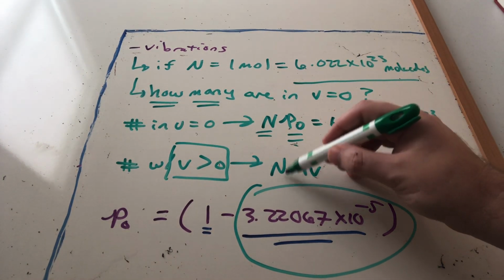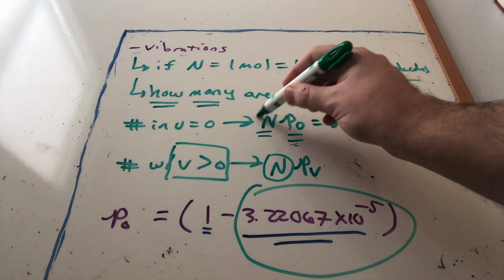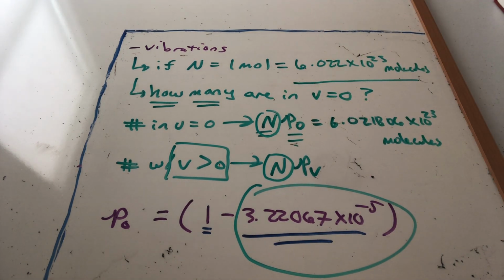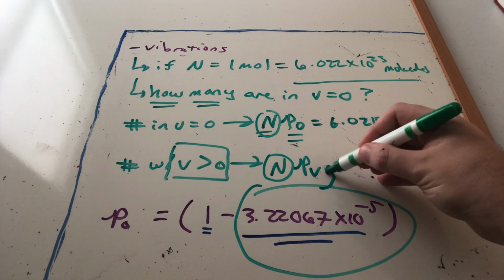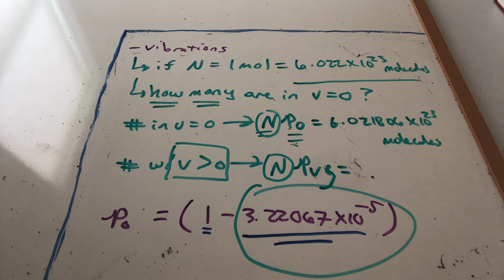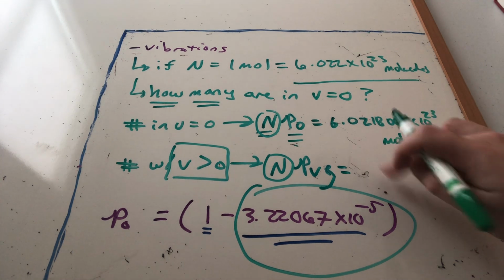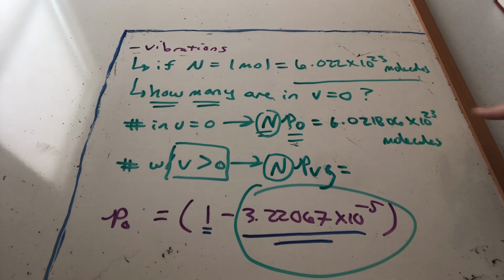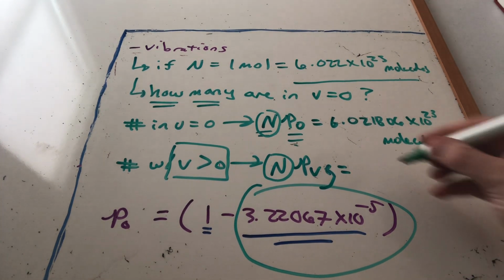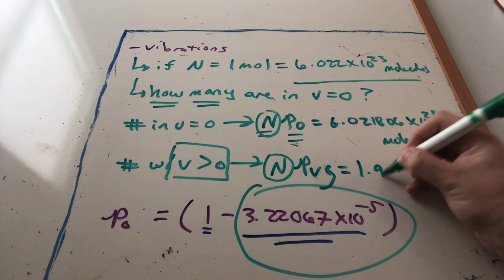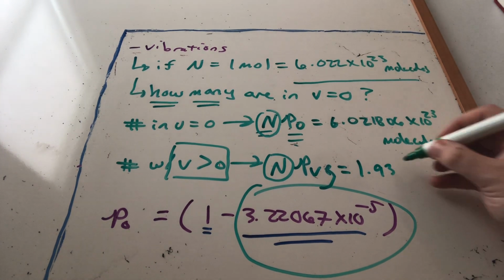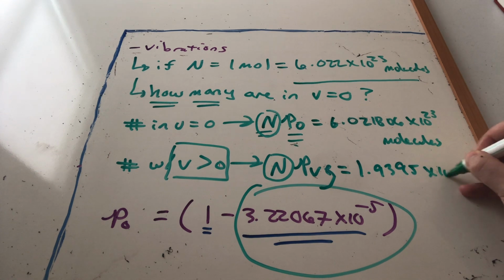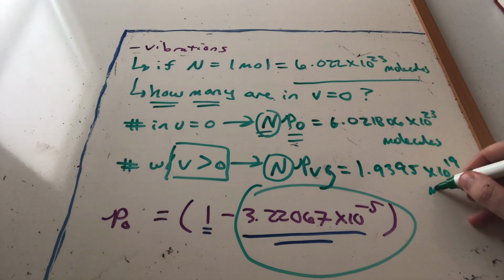If I use the number here that we used above, 6.022 times 10 to the 23rd, and I use this number here, this is going to be the total number inside that mole that start to creep up that ladder. Now, this number is going to look big, but it's not going to look big compared to this number, and you'll see what I mean. So when I do this math, I get 1.9395 times 10 to the 19th molecules.